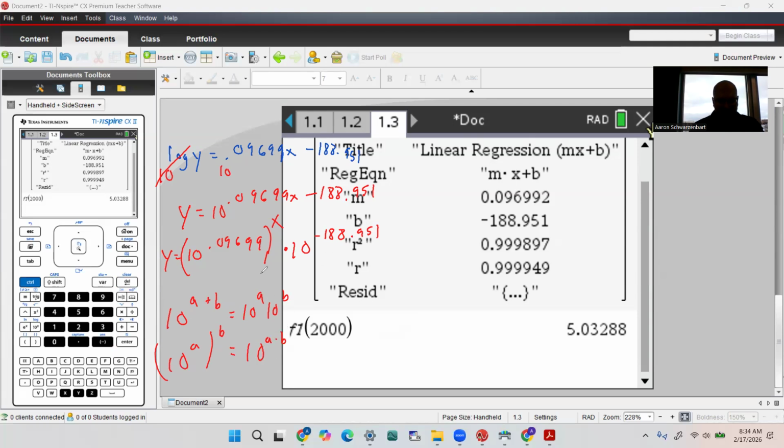So knowing those exponent rules, I can get this into exponential form.